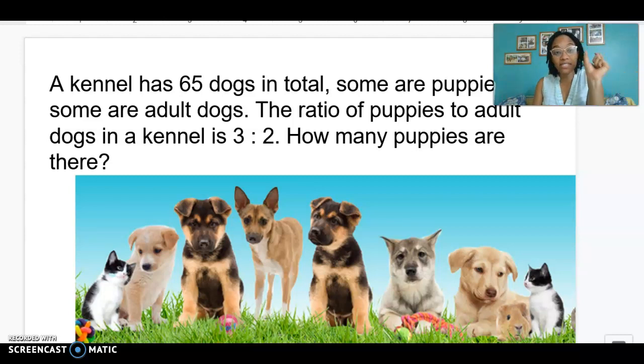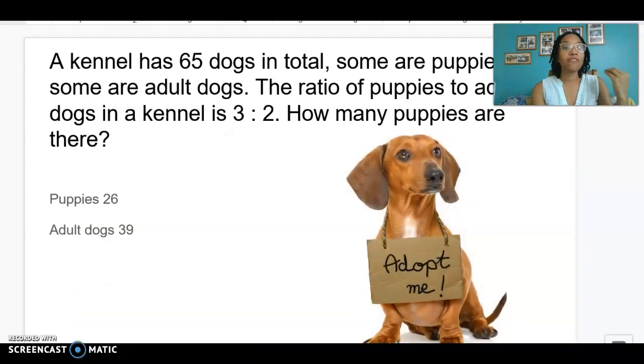That means every single unit is worth 13 dogs because 5 times 13 gives us 65. Okay? So every single little puppy face or little square you drew is worth 13 dogs. Now, since we know that there were 3 units of puppies and 2 units of adult dogs, we can find the answer through multiplication. Okay?